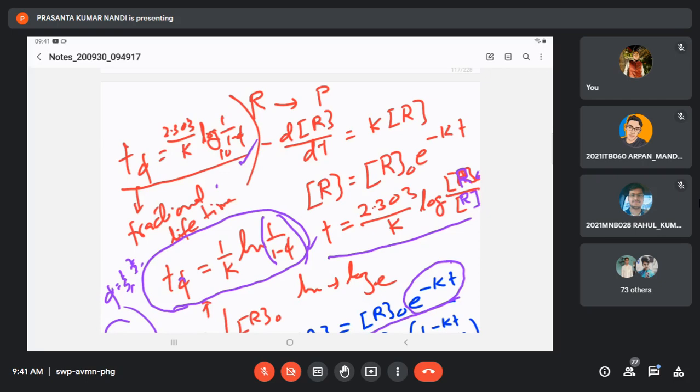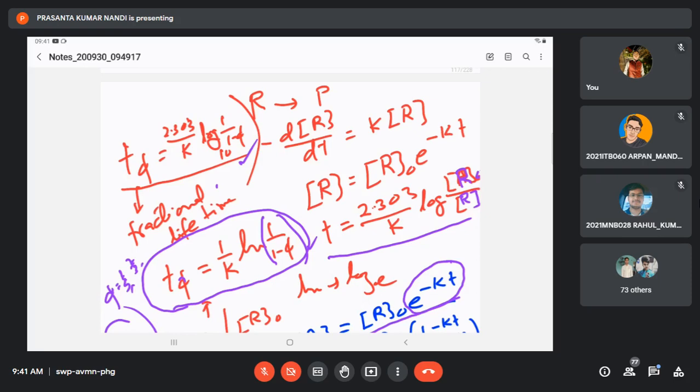So this ratio would naturally be a fraction if we take it the other way, R by R0, and the log of any fractional quantity is a negative quantity. Time cannot be negative, right? So from that you can show that it should be R0 by R. Suppose you forget the formula, otherwise it is straightforward that you can rewrite that equation. Okay.